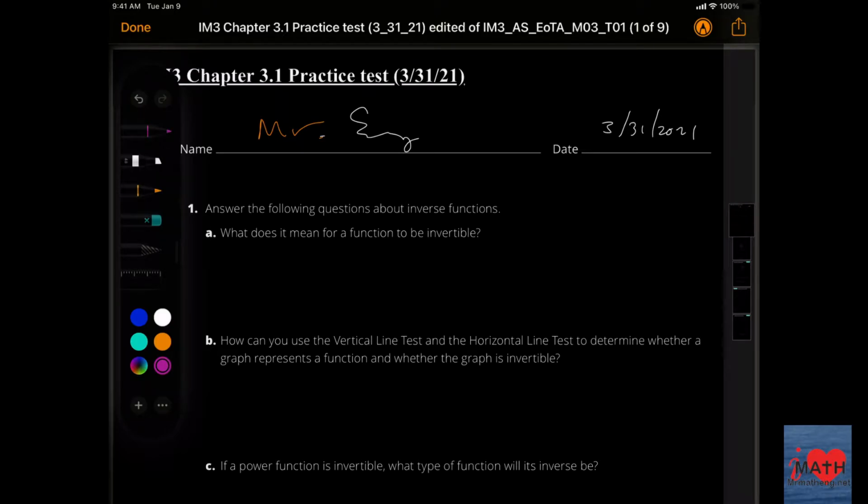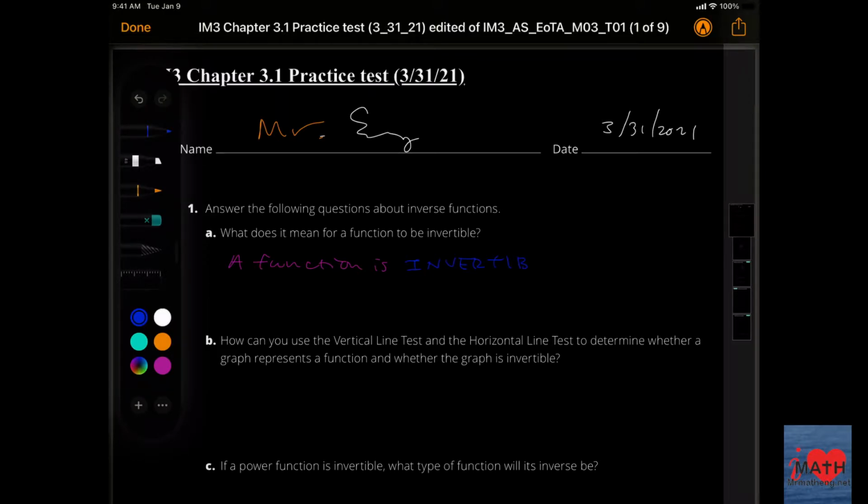Answer the following questions about inverse functions. What does it mean for a function to be invertible? It basically means a function is invertible. I'm going to change colors so you can see this word here.